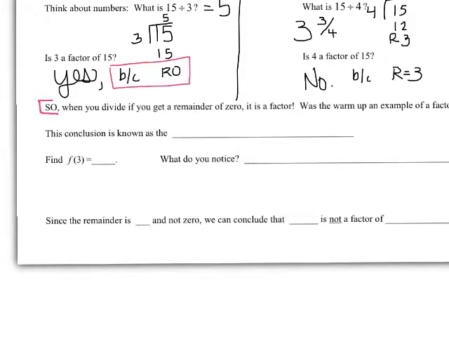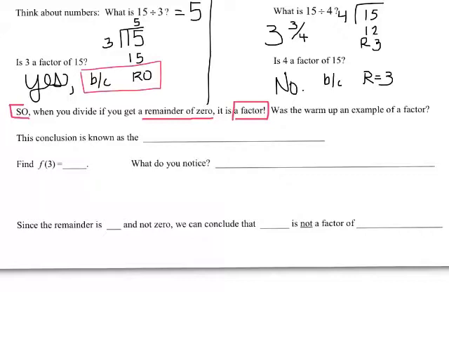When you divide, if you get a remainder of 0, then it is a factor. If we go back to the top, we ended up with a remainder of 2. Therefore, was that an example of a factor? We would say, no, it wasn't, because the remainder was not 0, it was 2. This conclusion is known as the factor theorem.